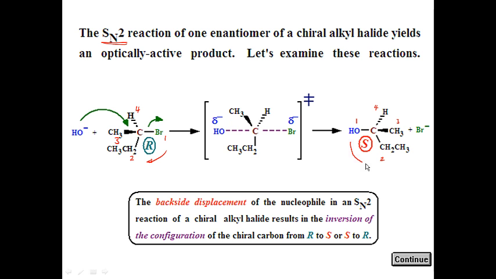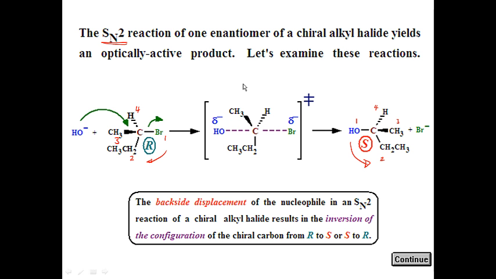We would get the chiral carbon then inverting, and this is the term we use, inverting its configuration, so that if we started with the R alkyl halide, we would get the S product. If we started with the S alkyl halide, we would get the R product. So this is actually what's observed.